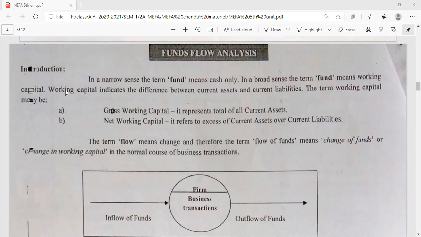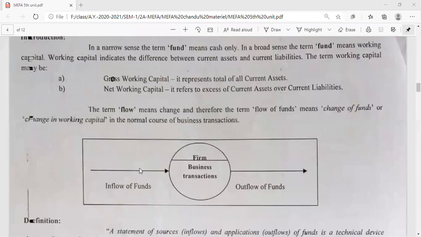The term flow means change, and therefore the term flow of funds means change of funds, or change in working capital in the normal course of business transactions, right? Inflow of funds and outflow of funds.